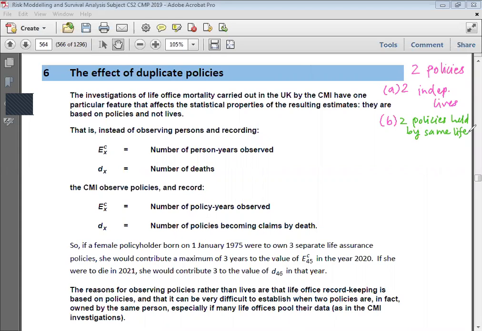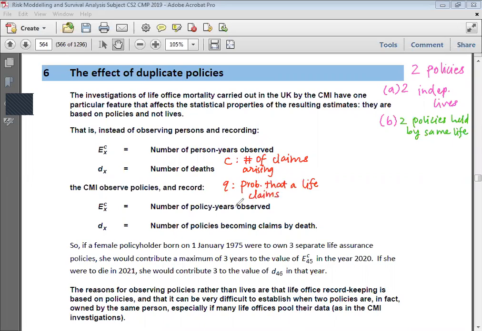So now let us say that I define my C as the number of claims that arise from a portfolio. So this denotes the number of claims arising, and my Q denotes the probability that a life claims. So this is just the probability that a life claims.